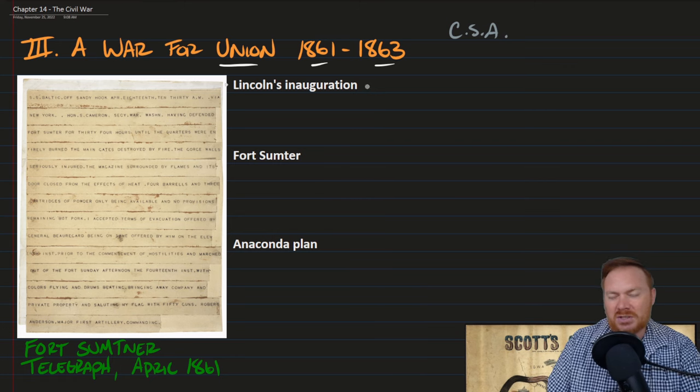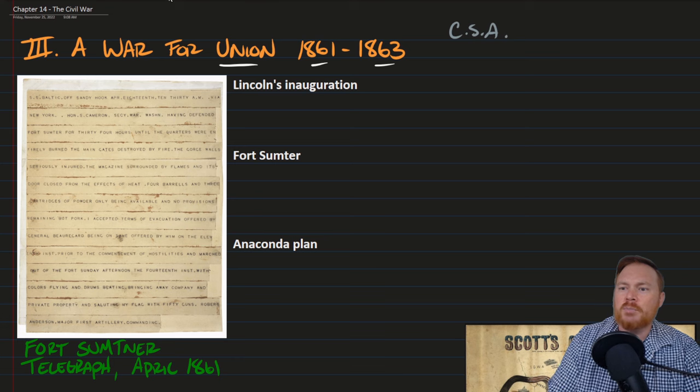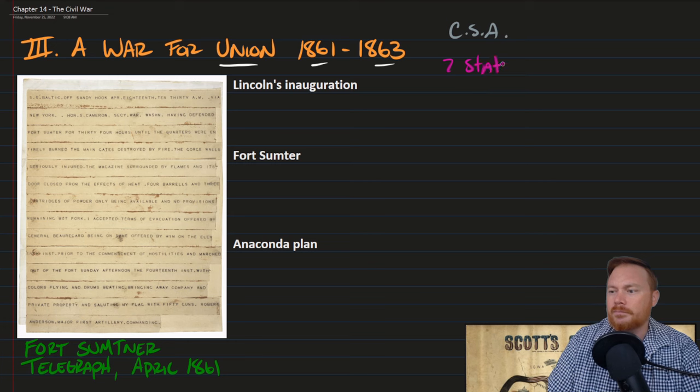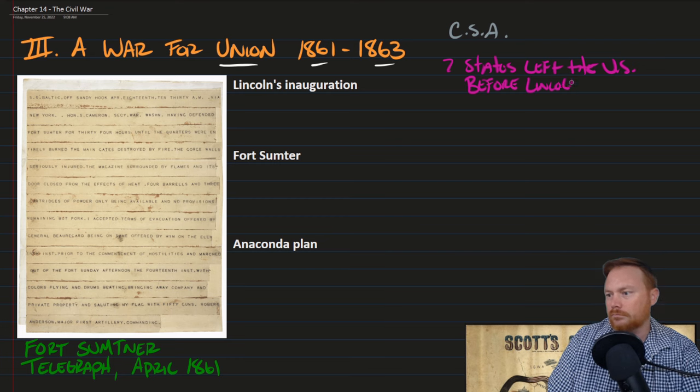Back then, I want to say that Lincoln didn't become president until even March of that year. So by the time that Lincoln had set foot into office, 7 states left the U.S. before Lincoln's first day as president.